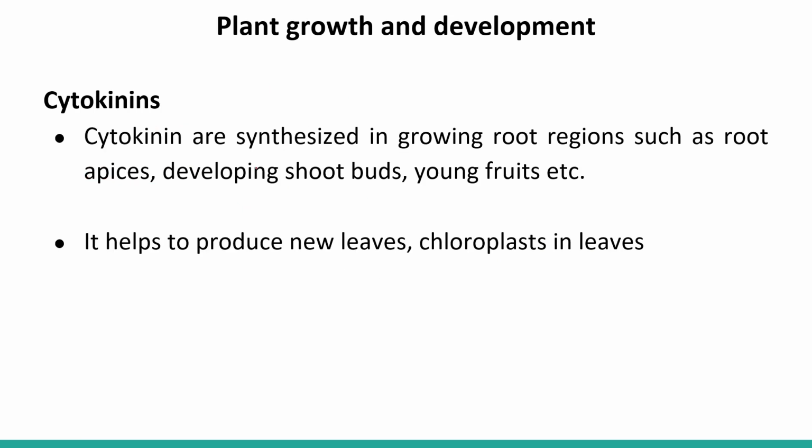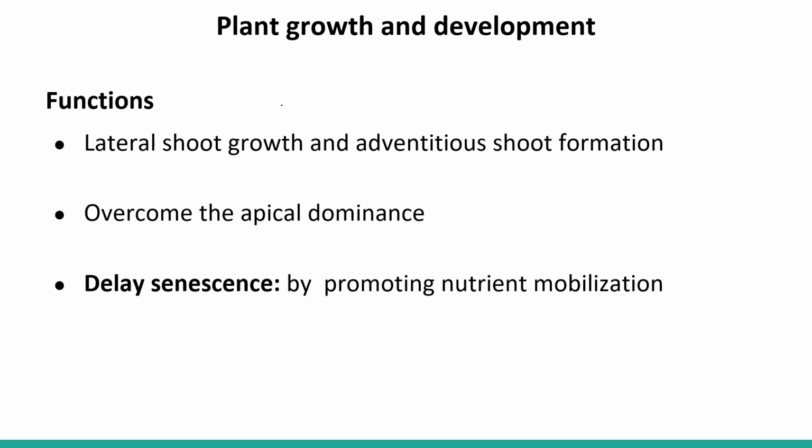Like auxins, cytokinins are synthesized in the growing root regions, such as the root apices, root apical meristem, developing shoot buds, and young fruits. And what does cytokinin do? It helps to produce new leaves as well as chloroplasts in the leaves.